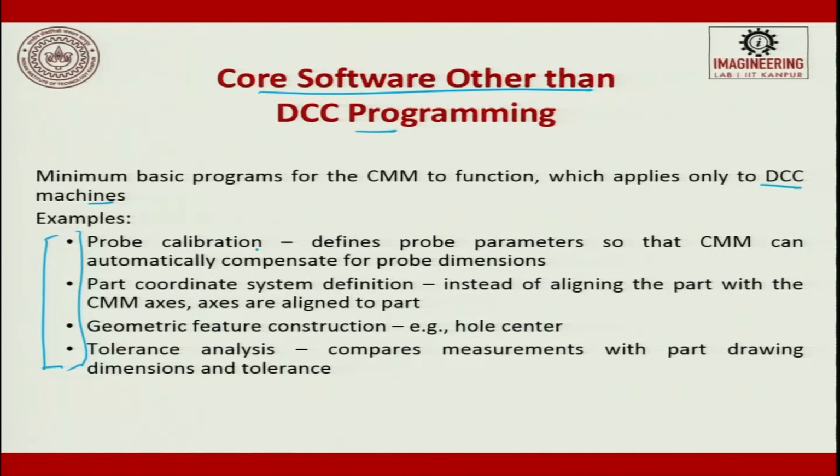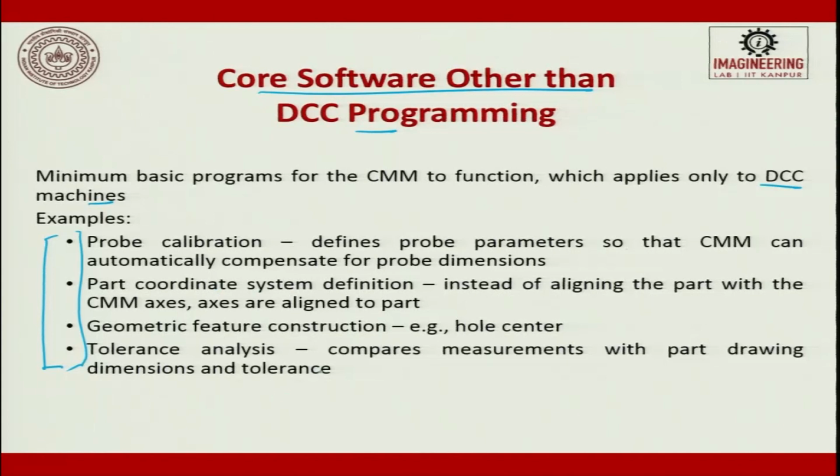Probe calibration, because you might have varying height, where there is wear and tear, where there is fatigue, the spring losing its repeatability. So, we always do a probe calibration, which defines probe parameters so that the CMM can automatically compensate for the dimensions.